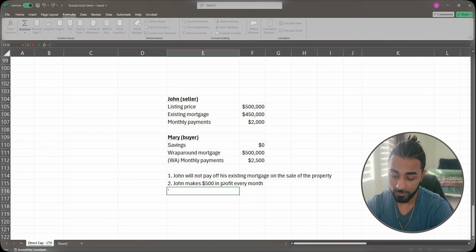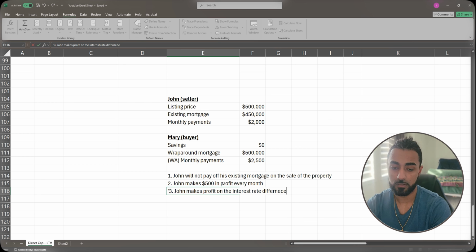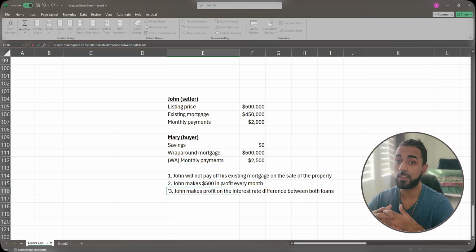Also, John is going to make profit on the interest rate difference between both loans. So between his existing loan and the wraparound mortgage he's giving to Mary, he's going to make a difference on that as well.